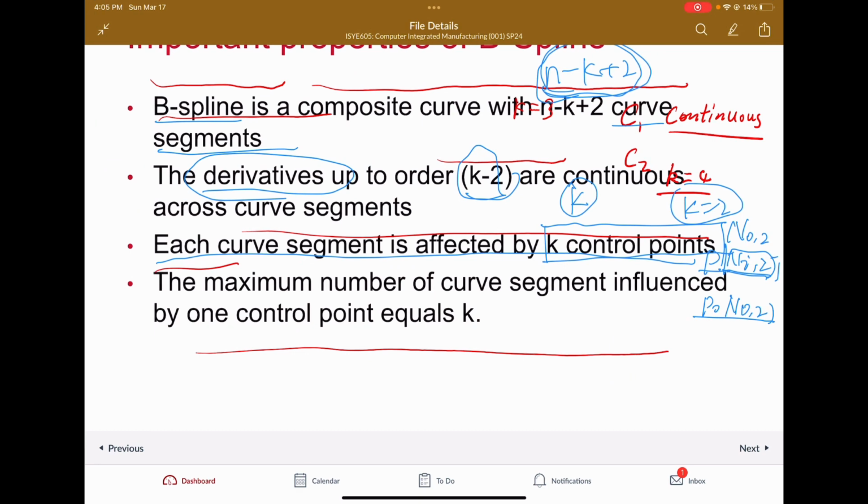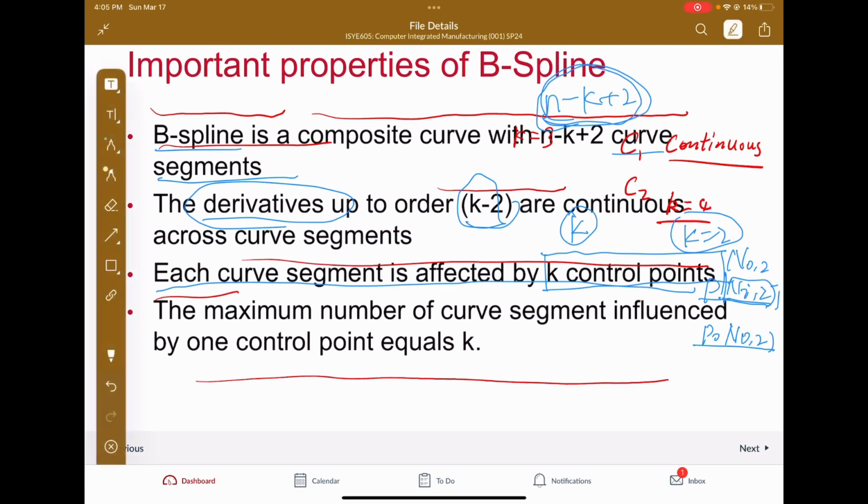So if we increase k to higher values, we still have the conclusion that each curve segment is only affected by k control points, and one control point only affects k curve segments.